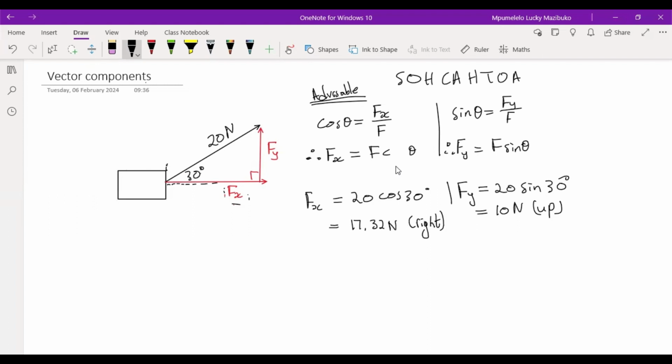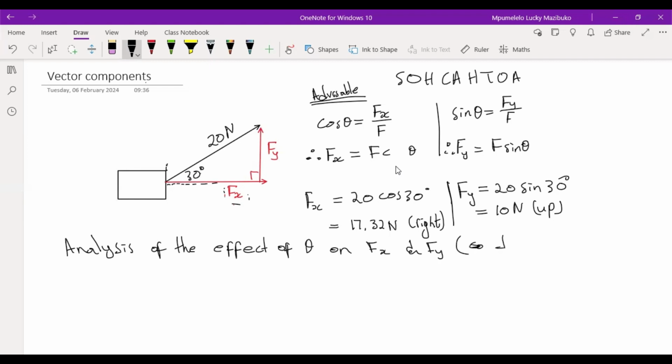Now, before I make this question very complex, it is important to analyze the effect of theta on fx and fy, meaning the perpendicular components of a force.